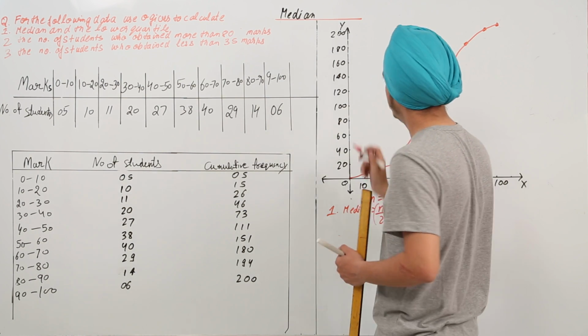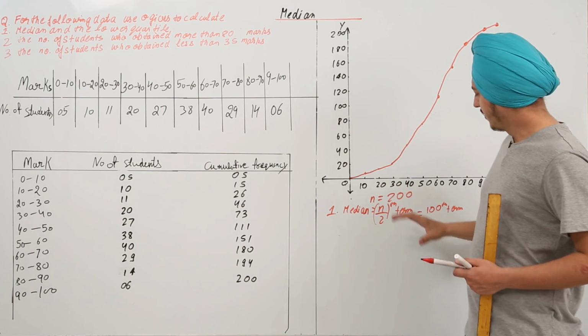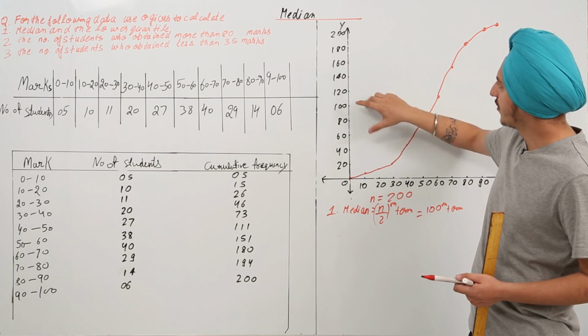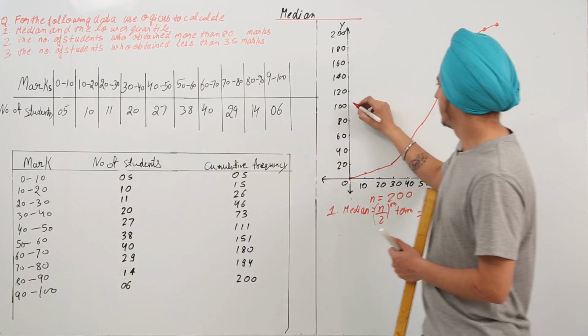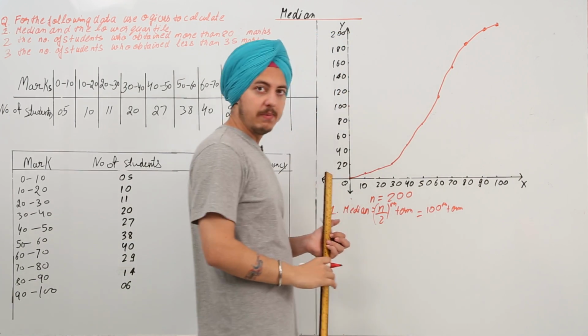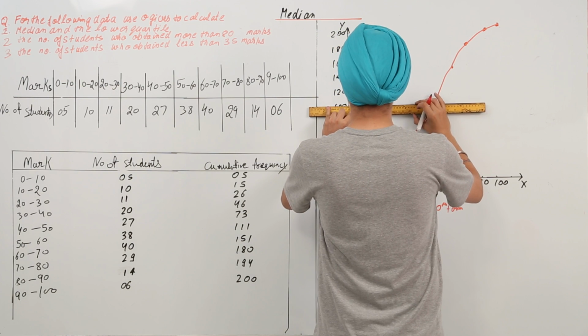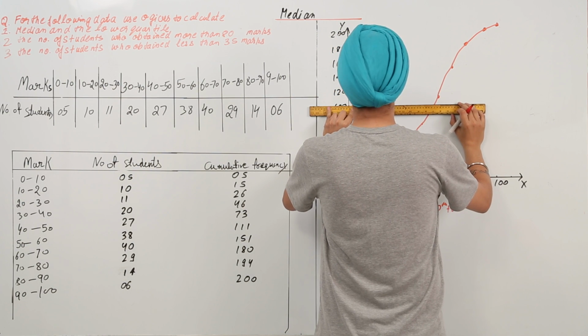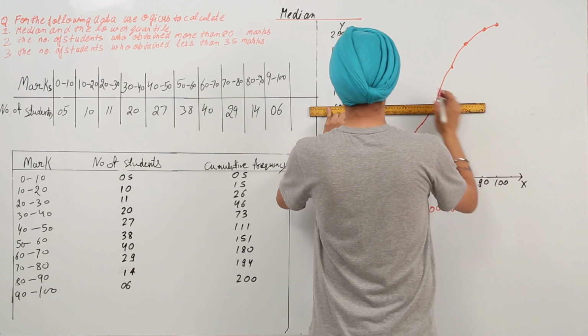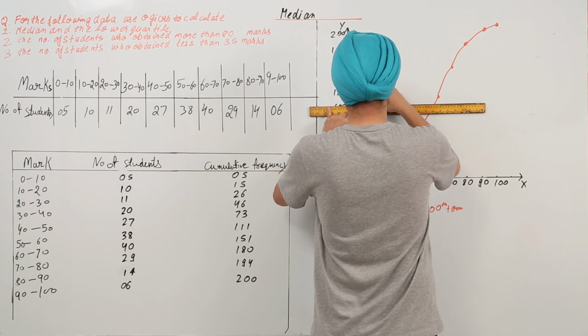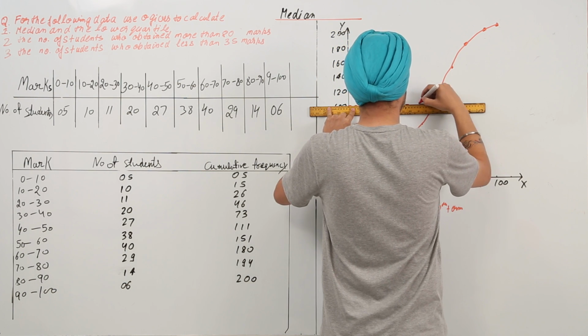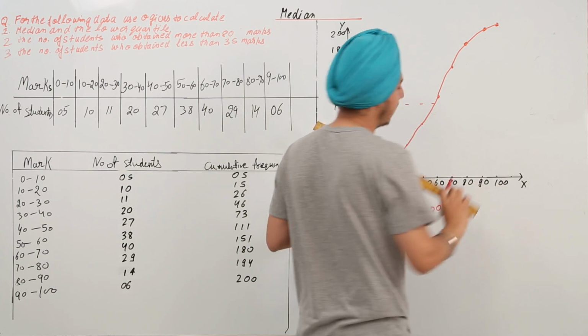So how do we do this now? What we do is see where 100 is on the y-axis. This is 100. We make a straight line from 100 and join it with the ogive, okay? So I am just joining this line with the ogive, and here it is, right?